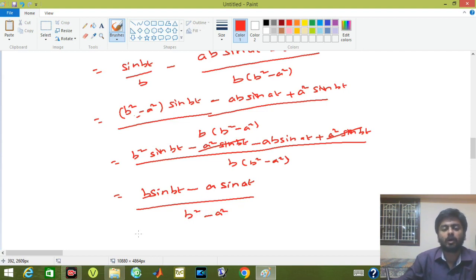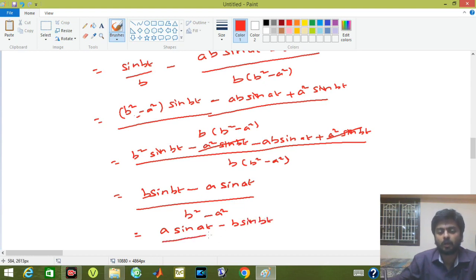Or you can take negative commonly outside in both numerator and denominator, and write a sin at minus b sin bt whole divided by b into a square minus b square. So this will be the answer.